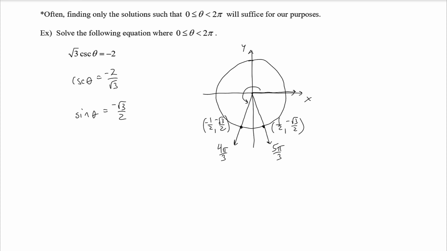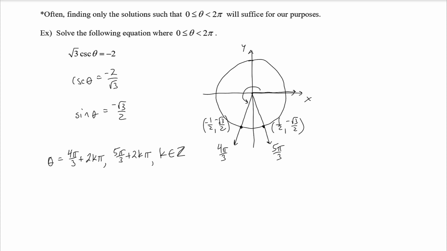Now, as we hopefully know by now, there's lots of angles that have those terminal sides. So I need to write a formula that gets me all of my answers. So theta could be 4 pi over 3, but I could add multiples of 2 pi to that. Theta could also be 5 pi over 3, and I could add multiples of 2 pi to that. And remember, k is an integer. We should always tell our audience what k is.